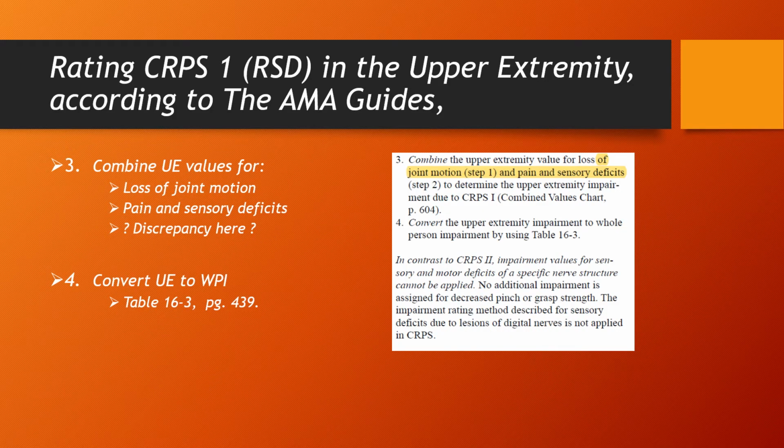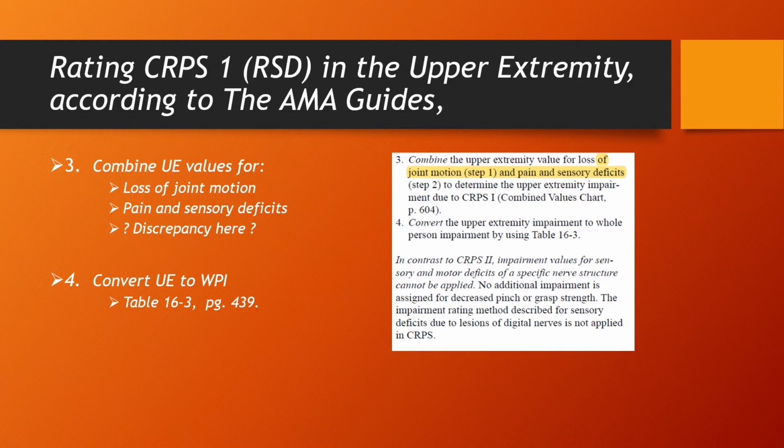Okay, so we have provided impairment due to loss of motion and then sensory deficit. So what we're going to do, we combine those upper extremity values and we do pain and sensory deficits in addition to loss of motion. Now, I put in here, do you see the discrepancy here?